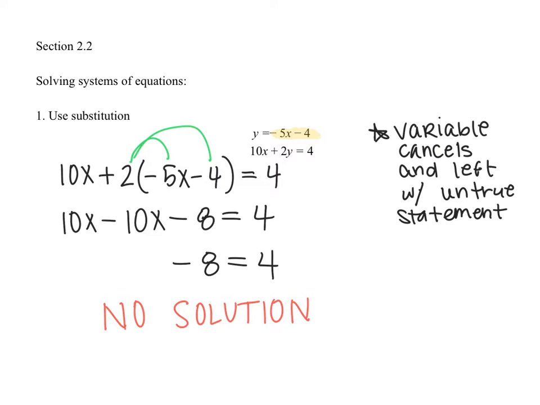So if you want to put that to the side here as an indicator, if you're using substitution and your variable cancels and you're left with an untrue statement, then it's no solution. Now if I had been left with the statement negative 8 equals negative 8, which is a true statement, then it would have been infinitely many solutions since I had a true statement.